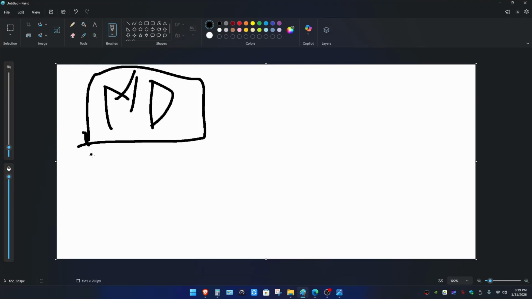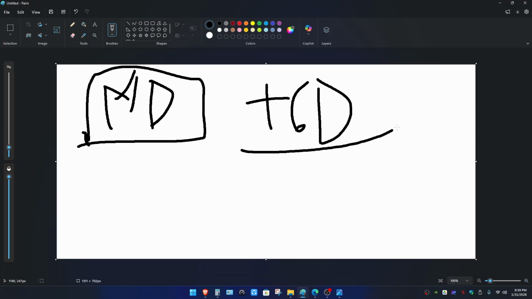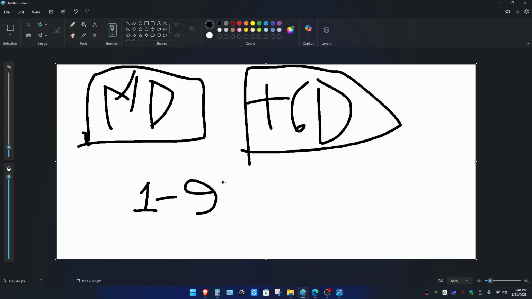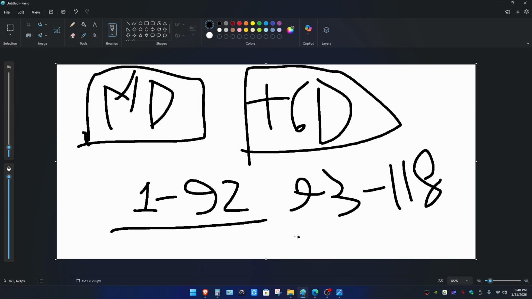As a result, we took the concept of variable thermodynamic resonance and said that there are a total of 1 to 92 atoms which are naturally found. Out of them, 93 to 118 are artificially made.